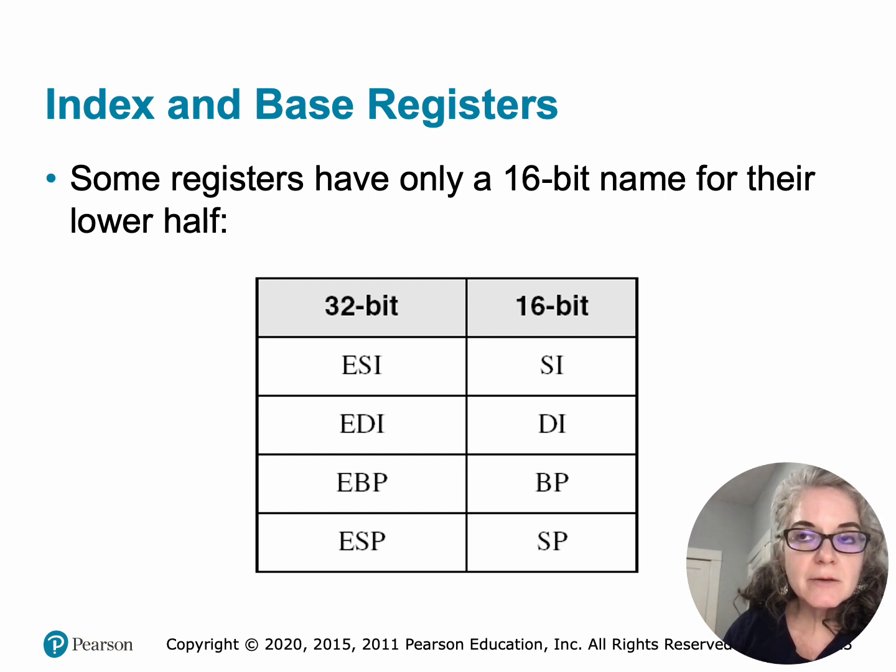Remember how we said that there's 8 registers that we're going to be dealing with, but some have only a 16-bit name for their lower half. So ESI, EDI, EBP, and ESP have only a 16-bit name. They don't have an 8-bit name, only 16.